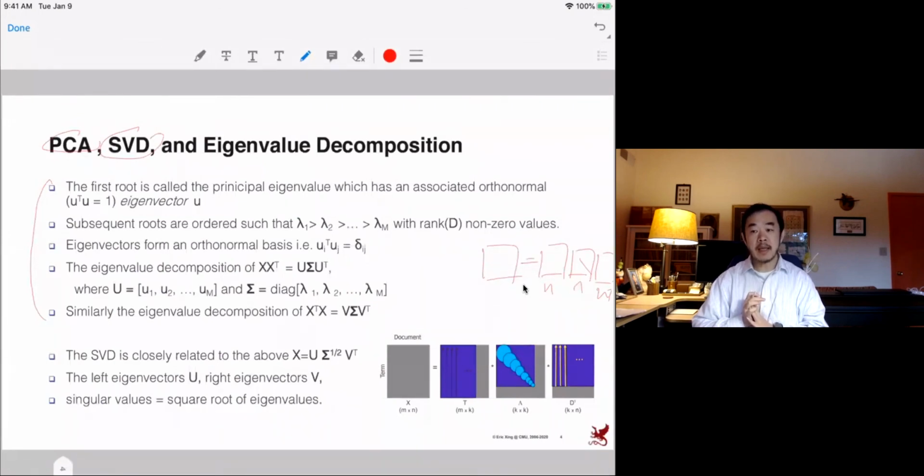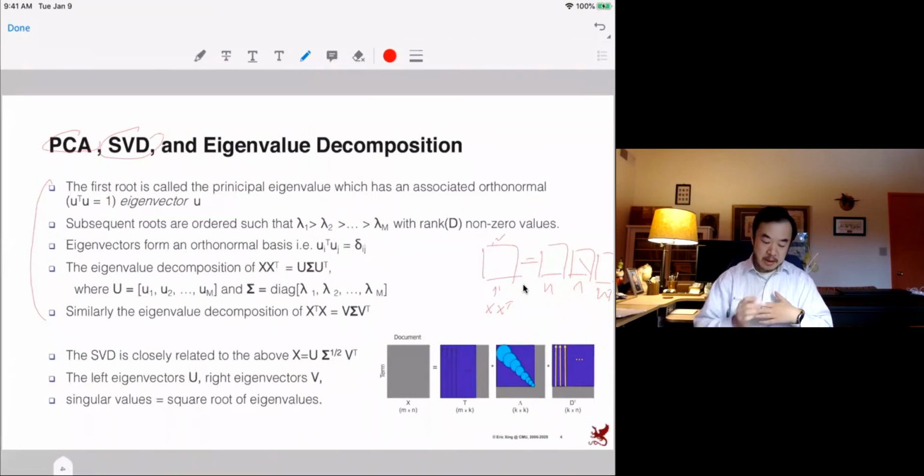But why it is known as PCA is because this matrix is the covariance matrix of the data. By defining this matrix to be the covariance matrix of the data, you are actually doing PCA. What you get is the principal components of the data. So that's the relationship between PCA and the eigenvalue decomposition.